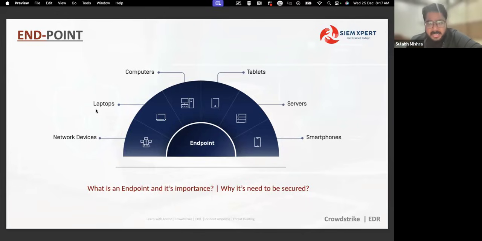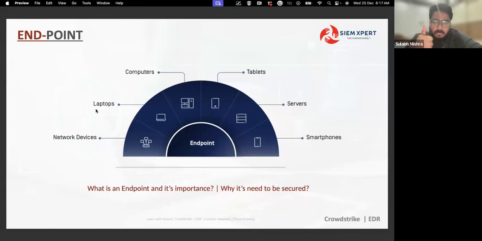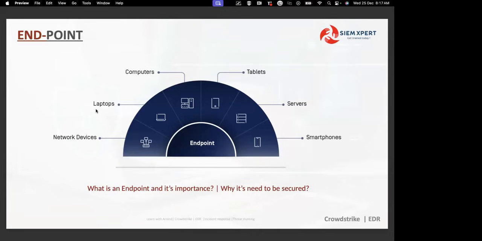Okay. The smart AI system in a car, can we consider it as an endpoint? No. Yes, sir. Yes. If no, what do you think would be the reason for not considering it as an endpoint? If there is an option to connect to a network, then we should consider it as an endpoint.